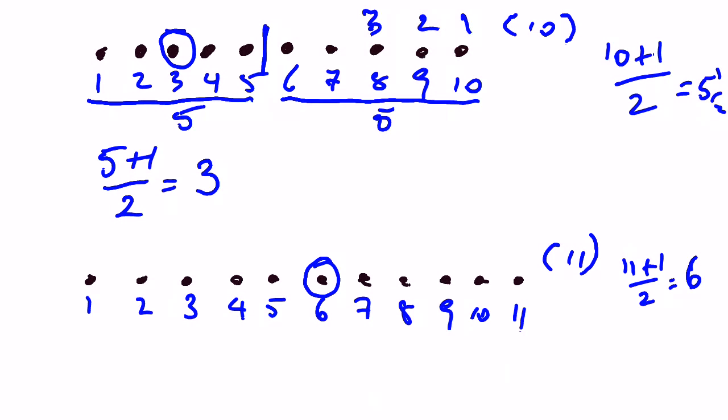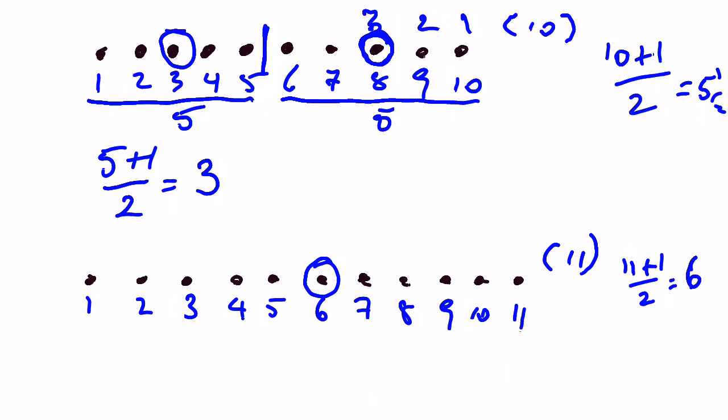Or what I can do is go, well, it's going to be after the 5th, it's going to be 3 more. So I add 3 to my 5 to give me 8, and it's the 8th one there. Either of those methods will work. Okay, I found my 2 quartiles in my first example on this page.